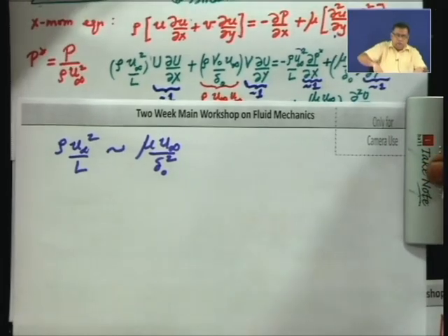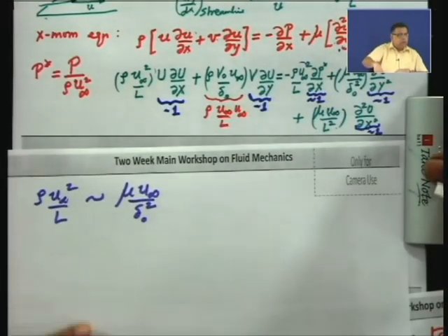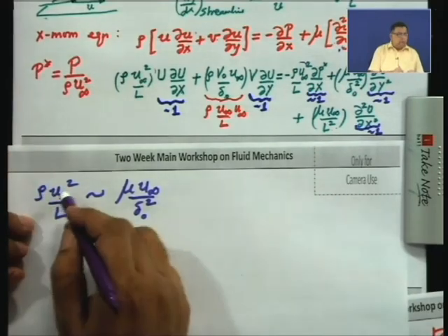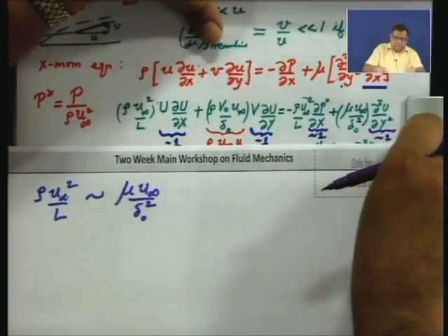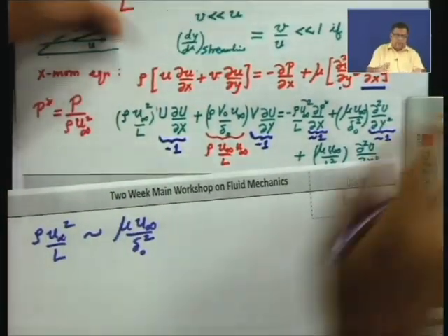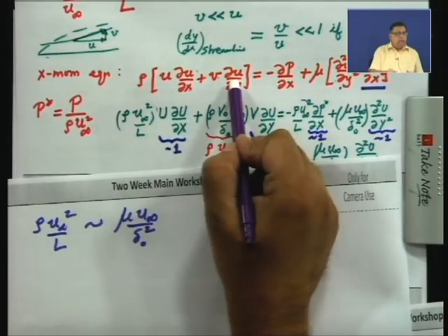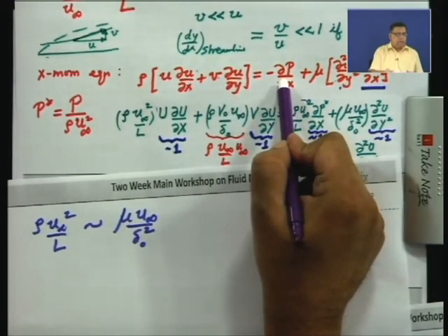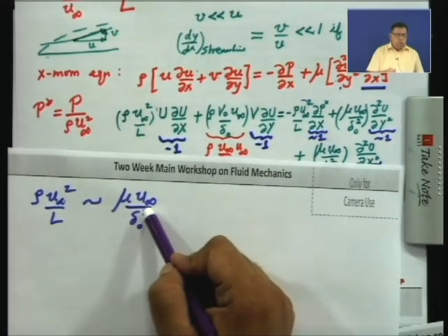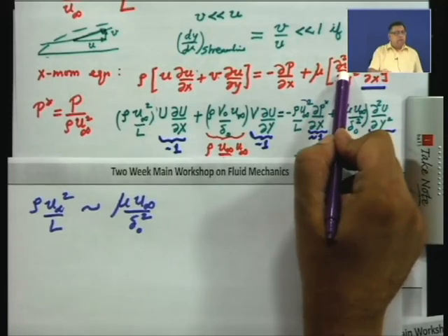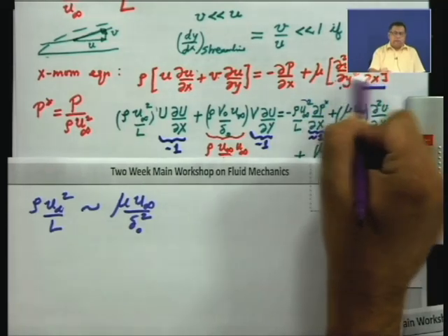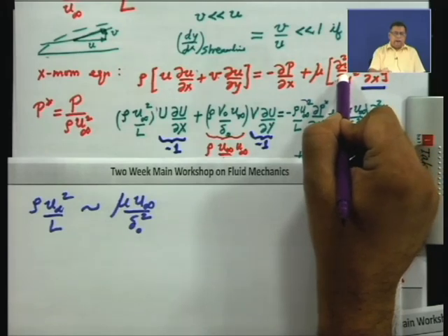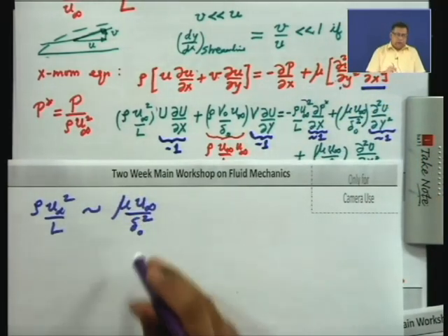So, what we have done now is, if you go back to this equation, the rho u infinity square by L reflects the order of magnitude of the first term, the second term, and the third term in the equation, and mu u infinity by delta naught square reflects the order of magnitude of the fourth term in the equation, and the fifth one we are arguing is small compared to the fourth one, but that will be true only if delta naught by L is much less than 1. So, if I say that this is the case, then I have an estimate for delta naught.